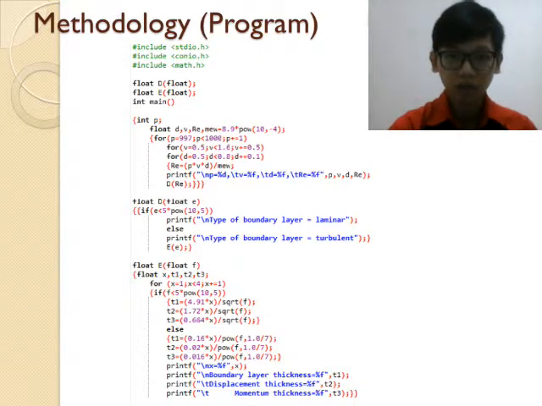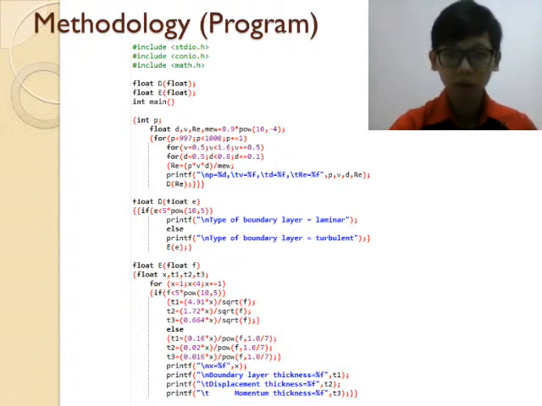After displaying all the parameters, which are the density, velocity, diameter, and Reynolds number, we will jump to function D. Function D uses a simple if and else statement, where if the Reynolds number is smaller than a specific value, it will display a laminar type of boundary layer.